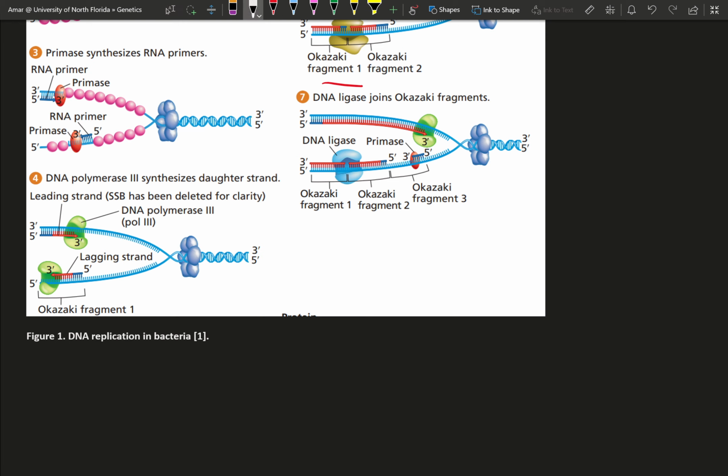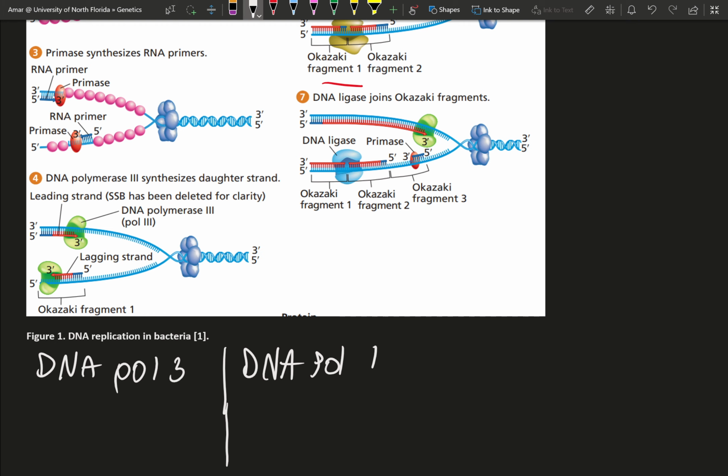So basically, the main difference between these is that DNA polymerase 1 has the ability to do something called a 5' to 3' exonuclease activity.